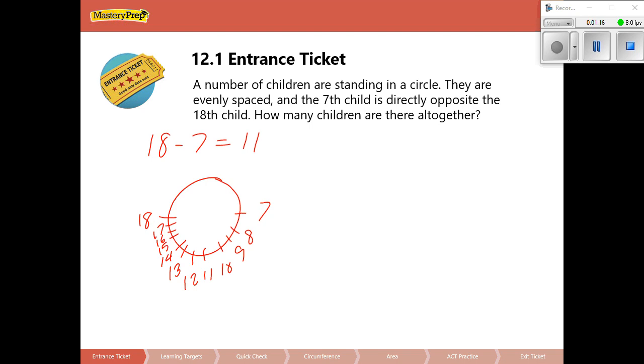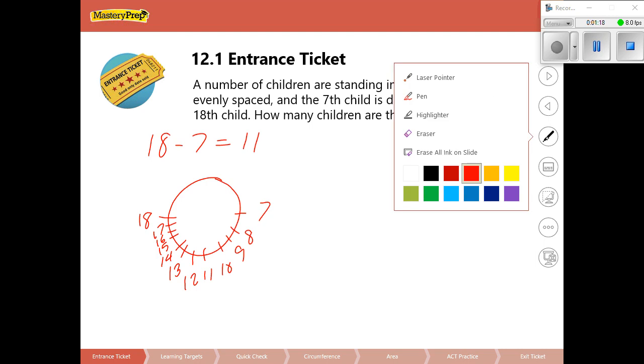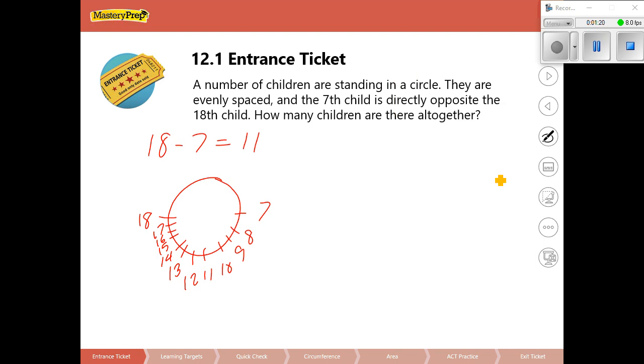Well, that gives us, in a different color, gold, 1, 2, 3, 4, 5, 6, 7, 8, 9, 10 total children actually between them, which means I would need 2, 3, 4, 5, 6, 7, 8, 9, 10 also on the other side.